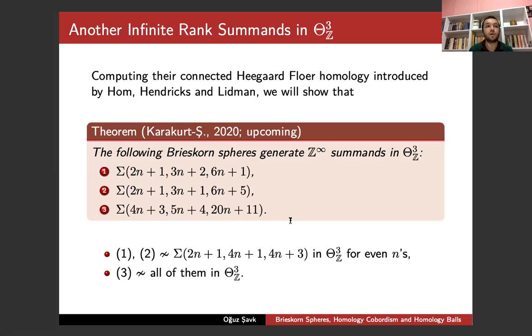And in dimension 3, you can get integral homology spheres by surgering knots or by taking some general 3 manifolds, for example, Seifert fibered spaces.